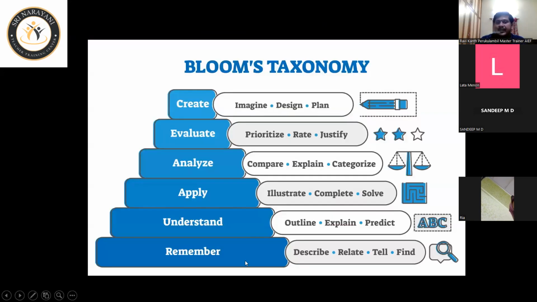The first one is remembering. So this is the new taxonomy. This is the picture of the new taxonomy, which was revised in 2001. So the first step is the remembering level. In this remembering level, if the teacher has introduced any concept to the child within the classroom setup, the teacher has to make sure that the child is able to describe the important things that they have learned from the concept, and they should be in a position to relate it to their personal life.